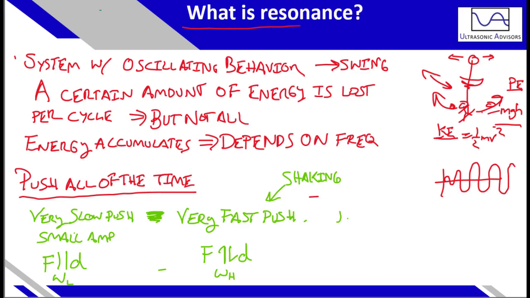So let's say you do that push just right. At that point, you have your force in phase with your velocity, which is also, just by chance, 90 degrees out of phase with your displacement, and this is obviously a fundamental relationship because of the differentiation of a sine, and then you get a cosine, you get 90 degrees.